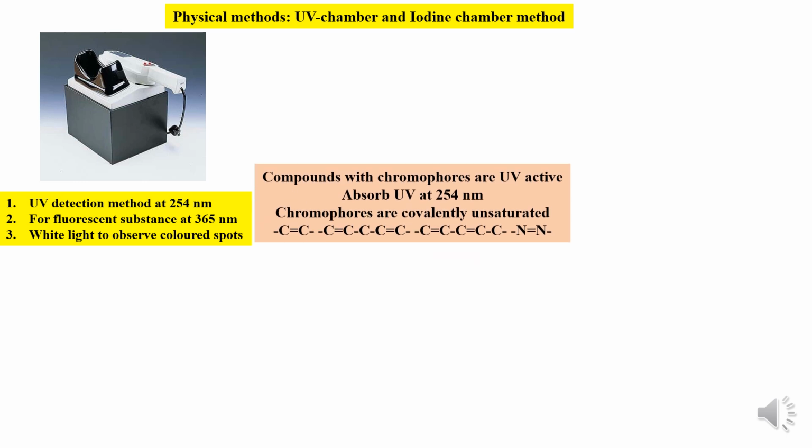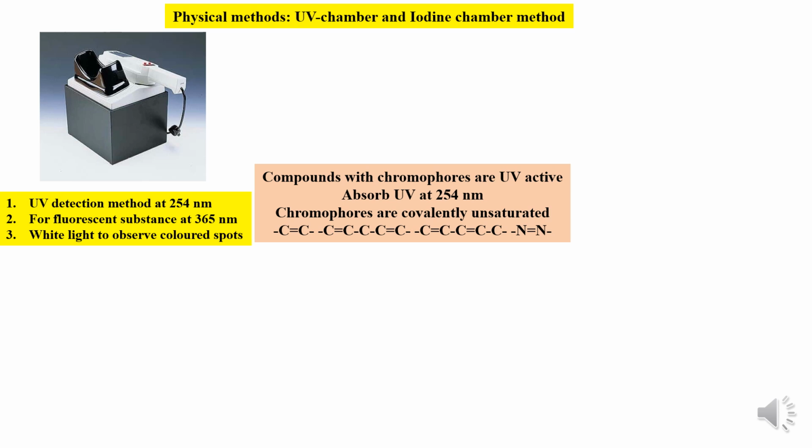Now, what is the requirement for the compounds to be detected by the UV method? Compounds should have chromophores, or there should be chromophoric groups. So compounds with chromophores are UV active.